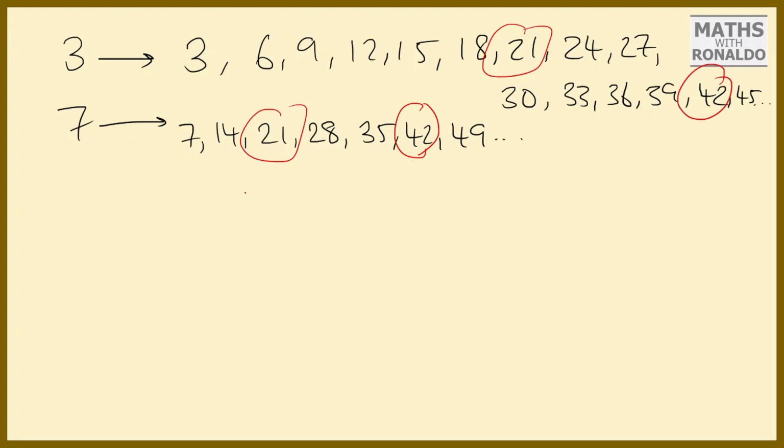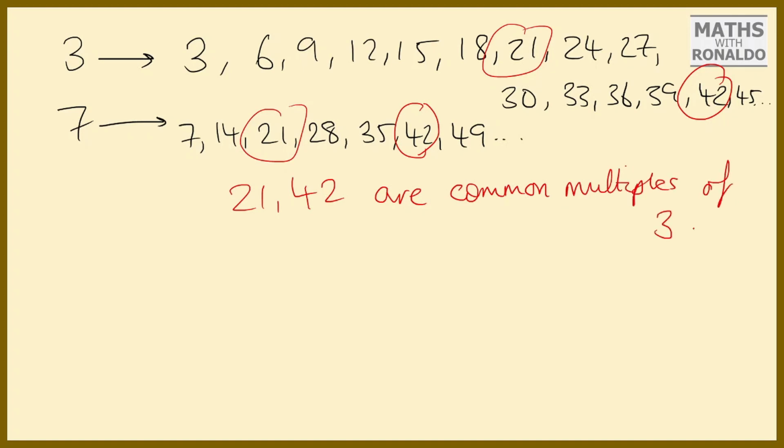So we know that 21 and 42 are common multiples of 3 and 7. Now you see what a common multiple is. The lowest common multiple, or the LCM, is the lowest common multiple, which is just 21.